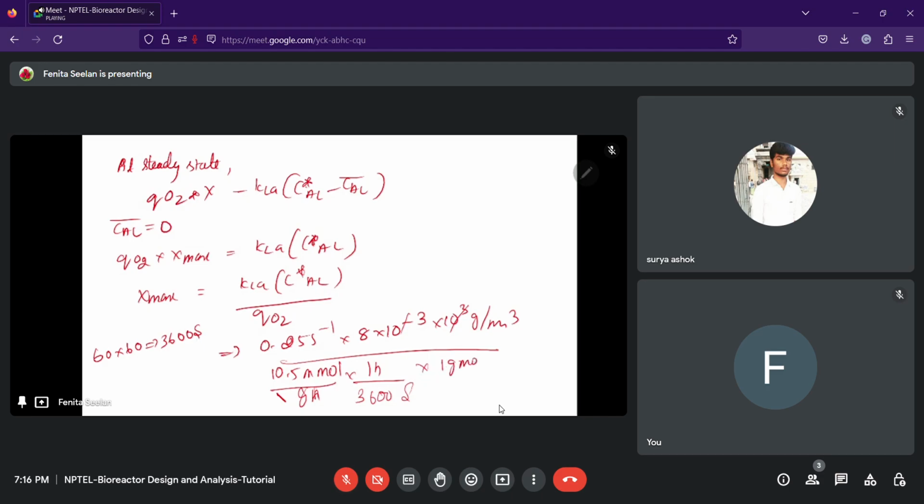One gram mole divided by 1 millimole is equal to 10 to the power minus 3 gram mole. So 1 gram mole is equal to 10 to the power 3 millimole, right? This is the conversion we are putting. And for gram mole to gram, the oxygen's molecular weight is 32, so 32 gram per 1 gram mole.